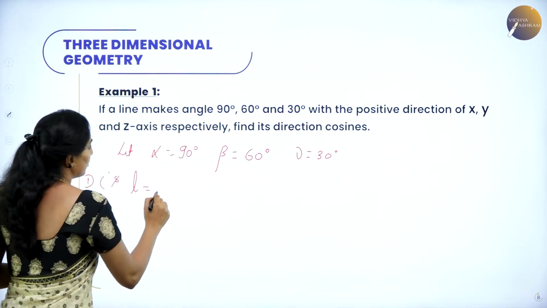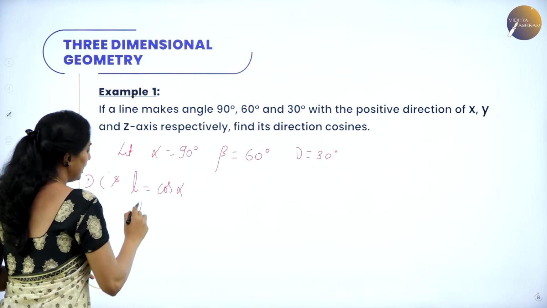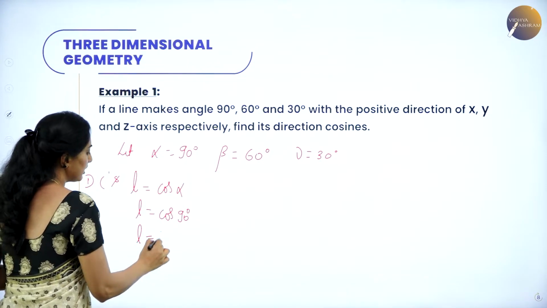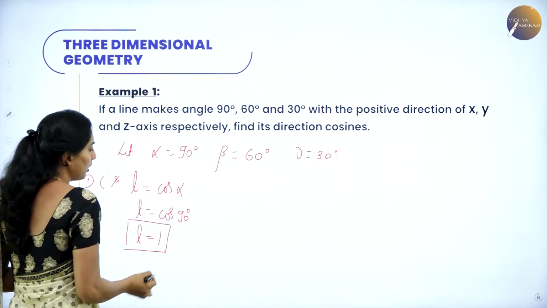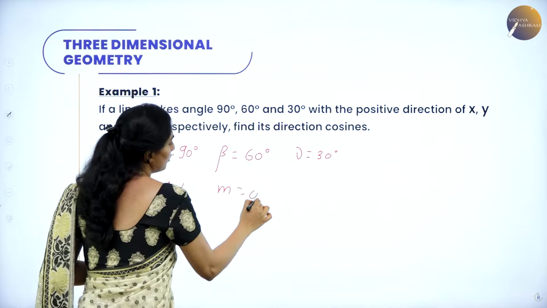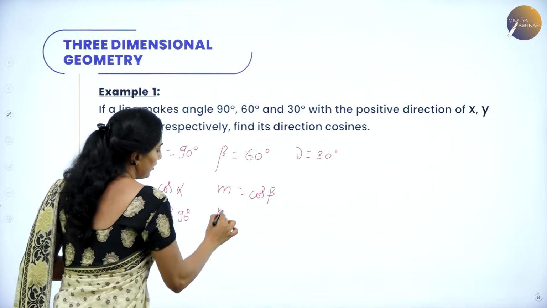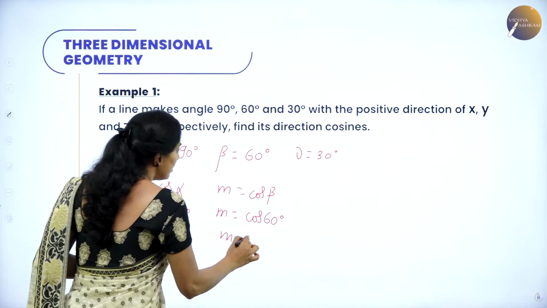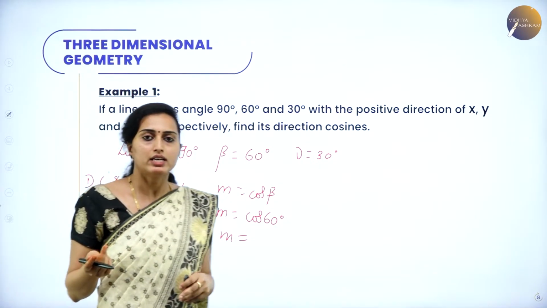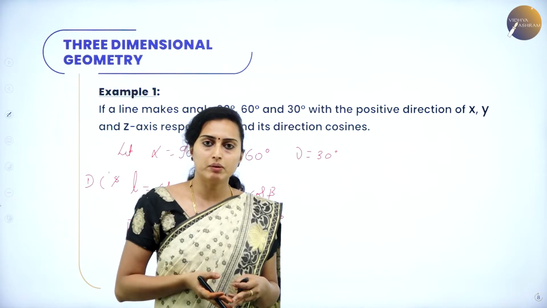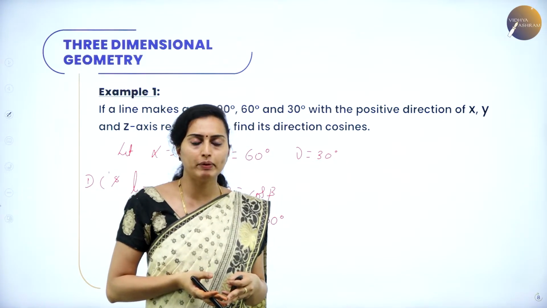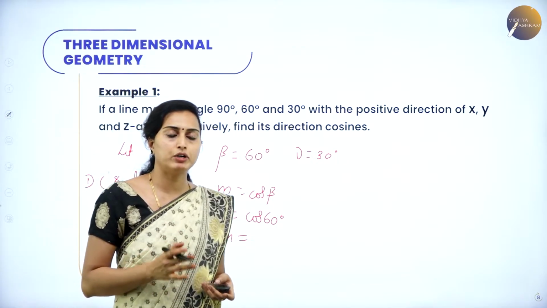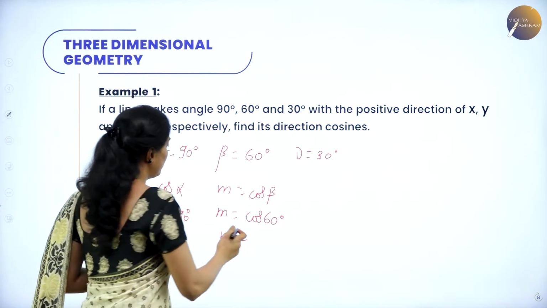So L is equal to cos alpha, which is cos 90 degree. You know cos 90 degree is nothing but 0, which is L equal to 0. Similarly, M is equal to cos beta, which is cos 60 degree. You know, sin 30 degree is what? Sin 30 degree is 1 by 2. So cos 60 degree will be 1 by 2, isn't it? So here sin 30 degree is 1 by 2, cos 60 degree is 1 by 2, ulta, correct? Similarly, N is equal to cos gamma, which is cos 30 degree. Yes, your guessing is right. Sin 60 degrees is root 3 by 2, cos 30 degrees is root 3 by 2, ulta, correct?